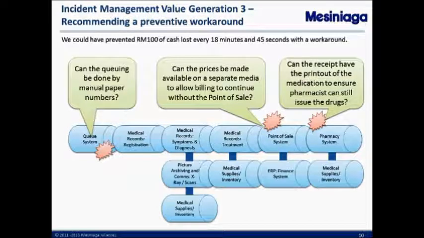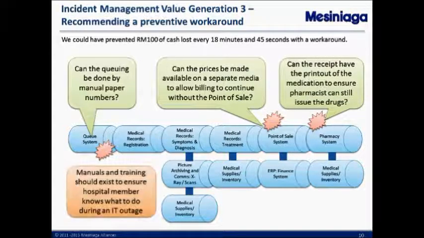And another example would be, can even the IT system itself be updated where the receipt contains the medication and the measures that need to be provided to the pharmacist so that drugs can also be issued in the event the pharmacy system goes down. Importantly, whenever any of this workaround is provided, the manual and training needs to be made available to the hospital staff so that their expectations are also managed.